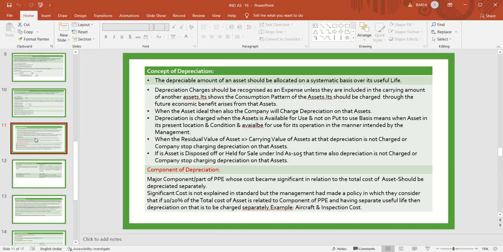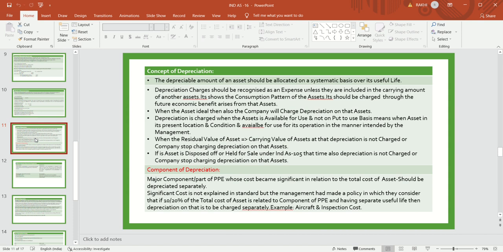At that point there is no need to charge depreciation on it, because if the residual value, the value which is left in the books, is more than or equal to the carrying value, then there is no point in charging depreciation on that asset, and the company will stop charging depreciation on it.